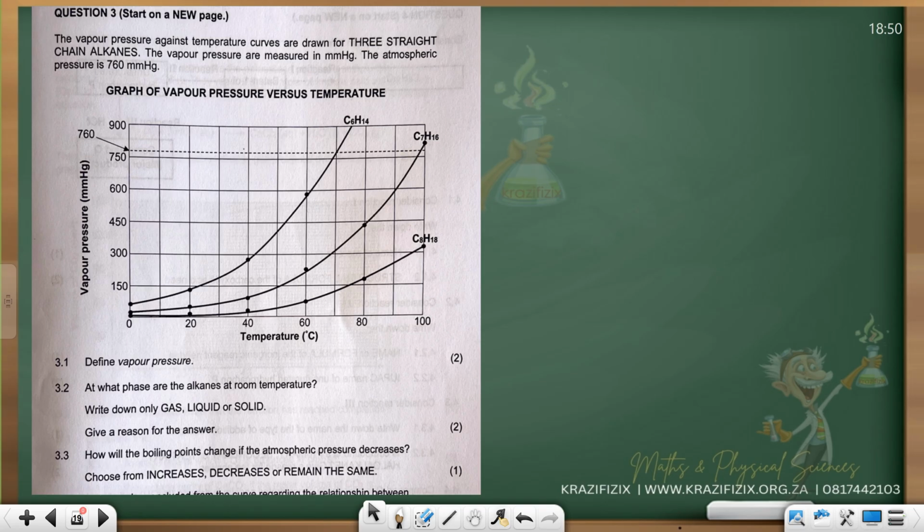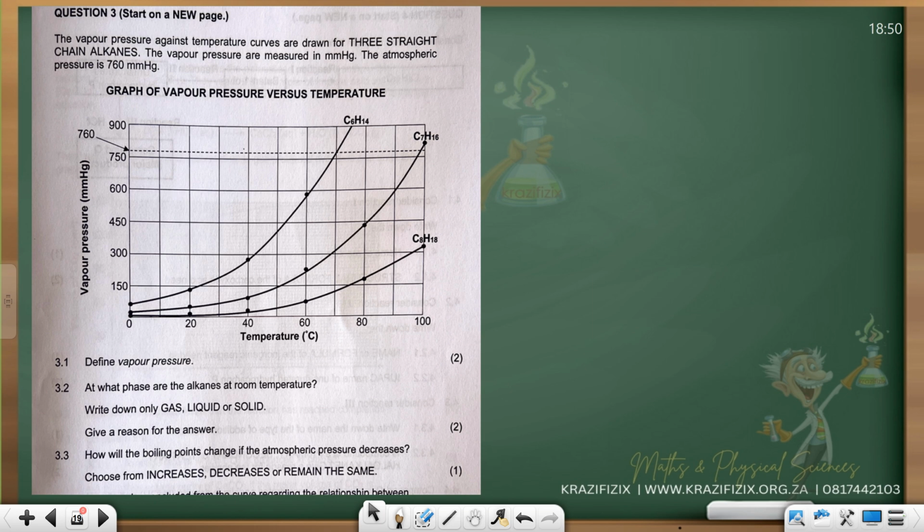Okay. Define vapor pressure. Pressure exerted by the vapor on the liquid in an enclosed system at equilibrium. Good. In a closed system at equilibrium. Please get those definitions.